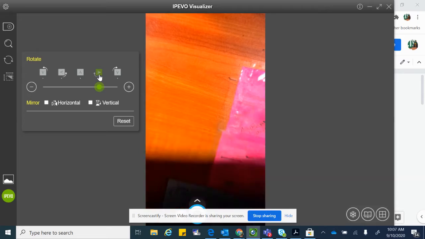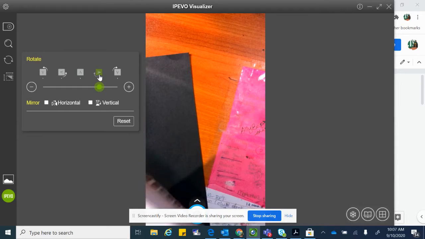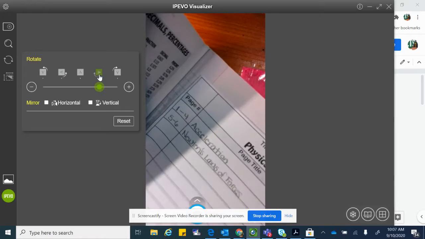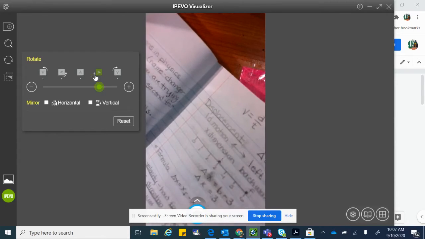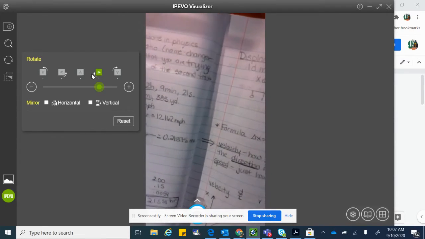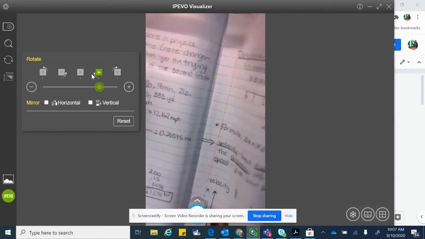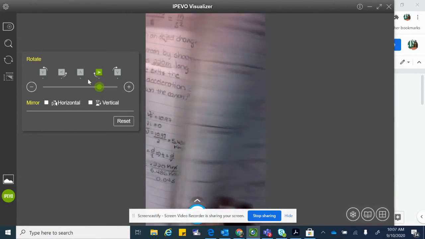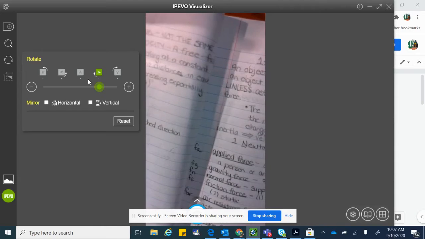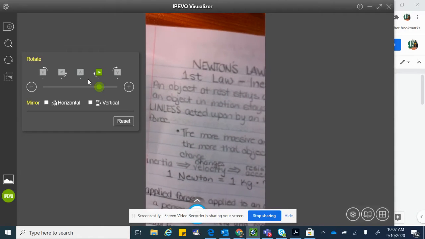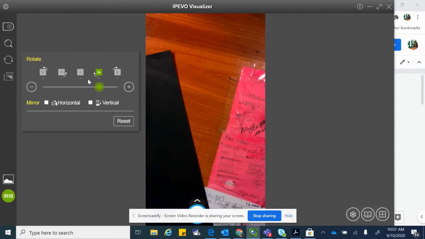I'll just show you. This is kind of like a physics book that I created a while ago when I used to do physics. So I just started writing in this book.